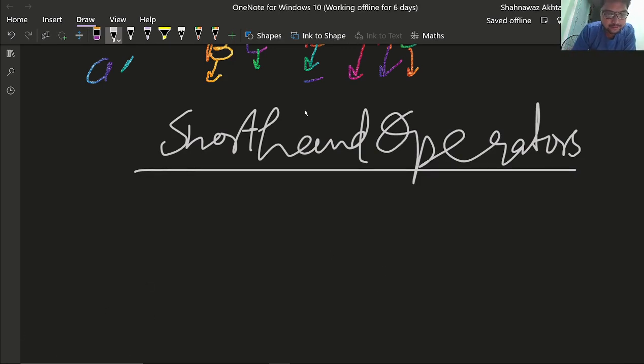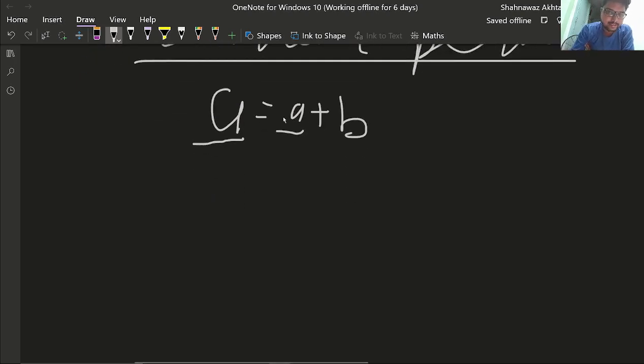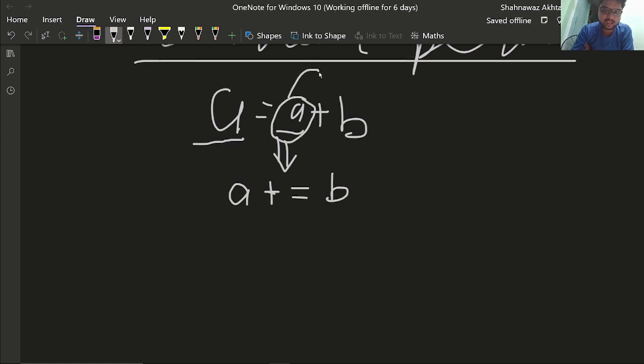See, suppose we are given an expression like this, a equals a plus b. See, what is there? The left side term is the same on the right side. So what can we do? We can write this also as a, then write plus and equals b. Then this is equivalent to this. So this is shorthand notation. We have excluded this extra redundant a from the expression. So this becomes the shorthand form.